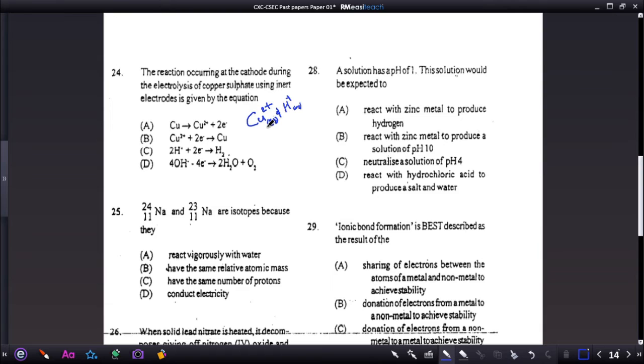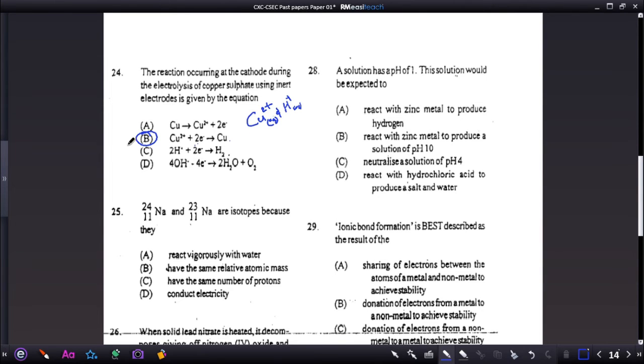Which one will be preferentially discharged? If we have an inert electrode, since copper is below hydrogen in the electrochemical series, then copper will be preferentially discharged, and copper gains electrons, as B suggests, to form the copper metal or copper atom. The answer would be B.